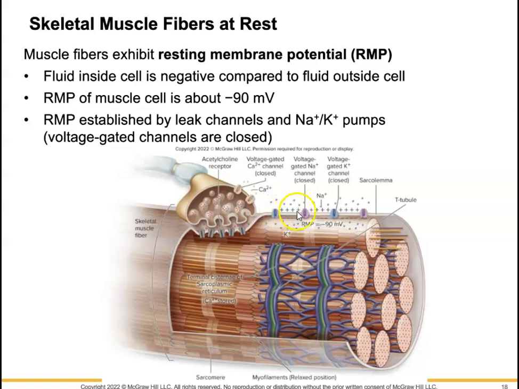Look at all these positive charges right here in the interstitial fluid right beside the cell membrane. Now look inside the cell membrane and you see all these negative charges right beside the cell membrane. That creates that concentration gradient, the part of the electrochemical gradient.